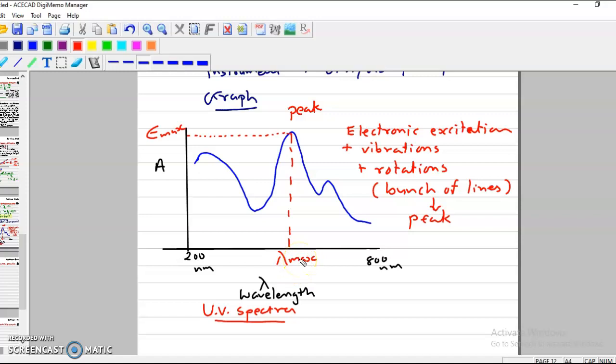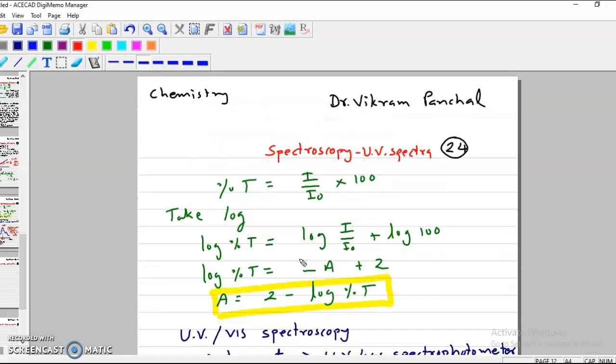Okay. Now we have to interpret this peak also. What is the meaning of this graph?